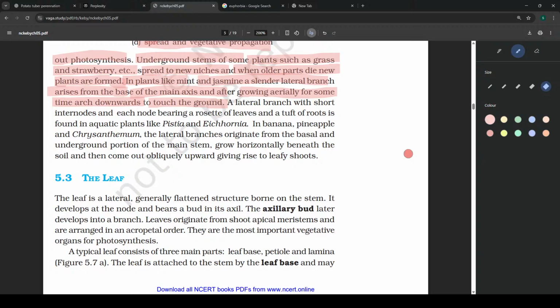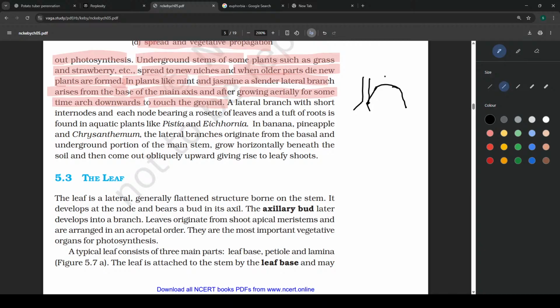From the base of the main stem, this slender lateral branch will arise, and after it grows some time upwards aerially, it will go like this, and again, due to gravity, will bend down like this.